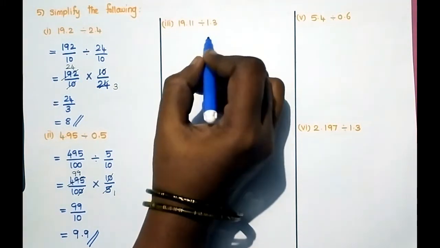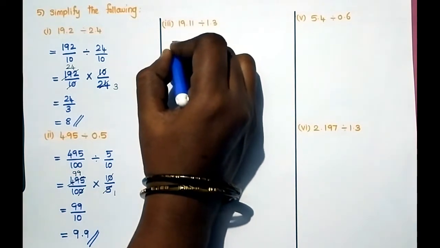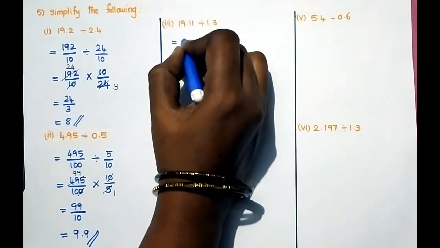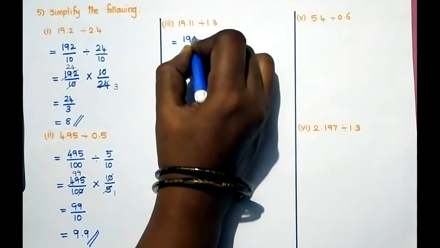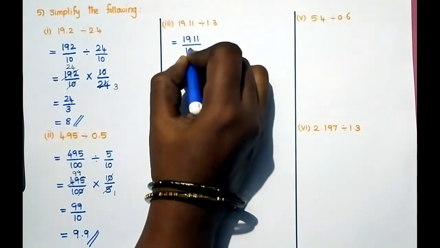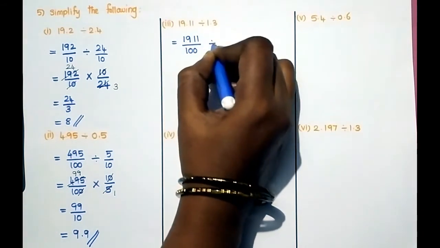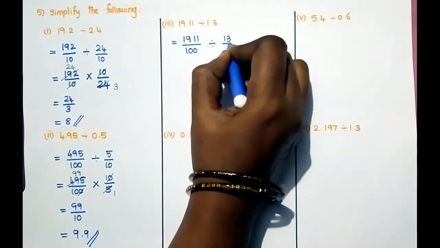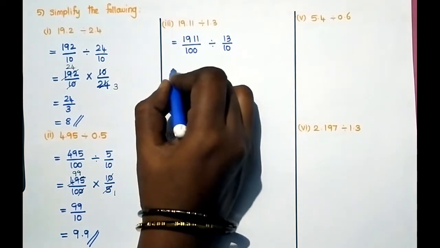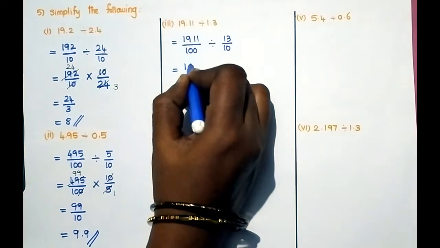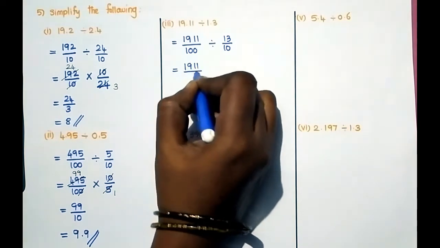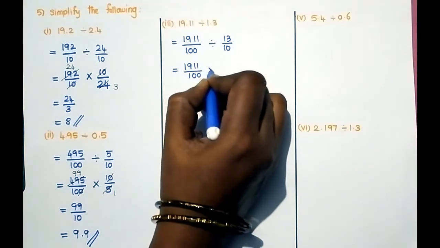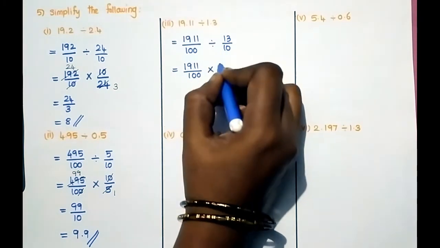19.11 divided by 1.3. 1911 divided by 100 divided by 13 by 10. Now 1911 divided by 100, change into multiplication means take reciprocal.